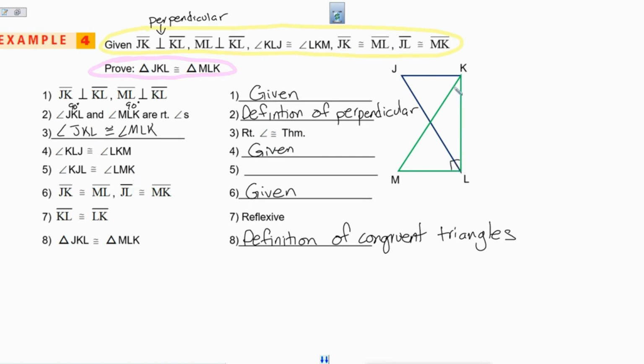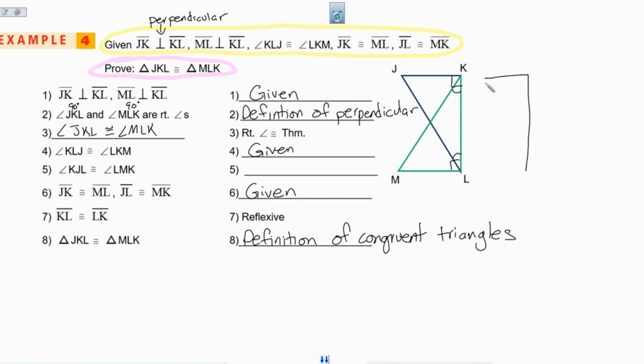So we have our right angles here in the corner, and we know that angle KLJ is congruent to angle LKM. Now, that was given to us. So that is this angle and this angle. So we have two sets of angles in our two triangles.